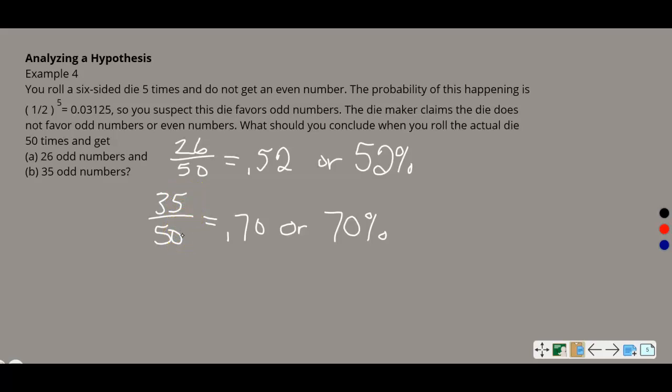So what you would need to do is maybe do a simulation of more than 50 rolls. Let's say 200 times. If you roll it 200 times, hopefully you're getting closer to that 100 out of 200, that 50% chance. But it would be harder to conclude that this is a good die if, in fact, you got closer to 70% when you rolled it 50 times.